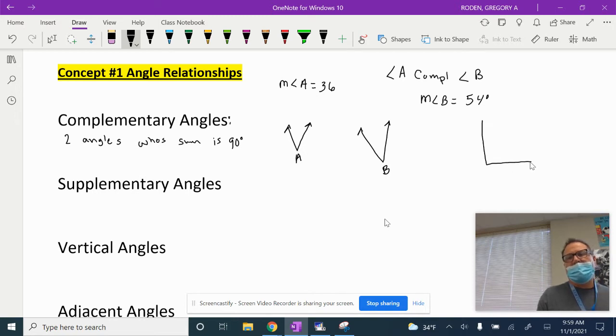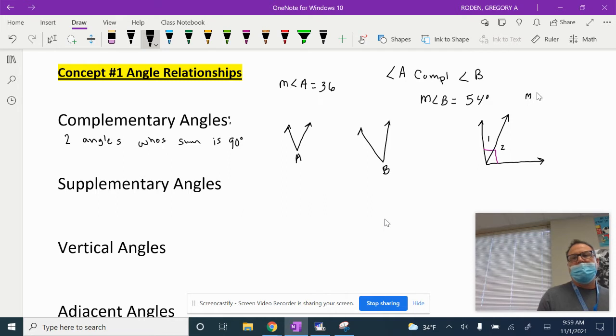Now, we could also look at the adjacent example. If we had a right angle, and this is all a little bit of review here, a right angle is always symbolically drawn with a box in the corner, right? So if I had a ray shooting out of it, we can say this is angle 1 and this is angle 2.